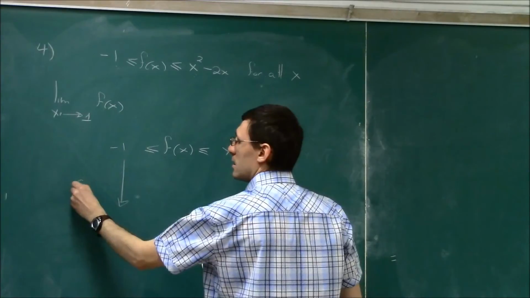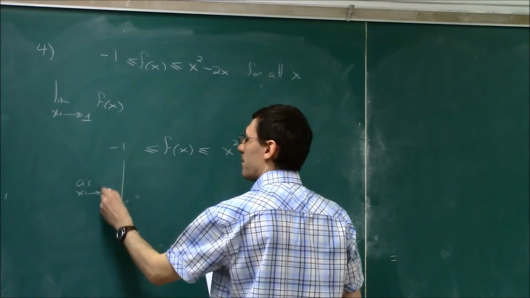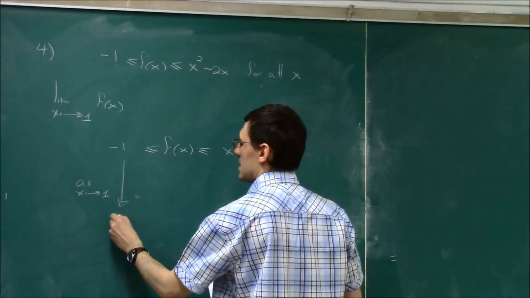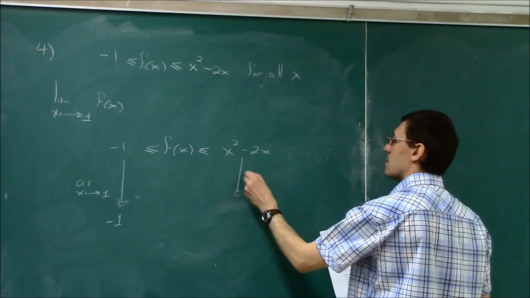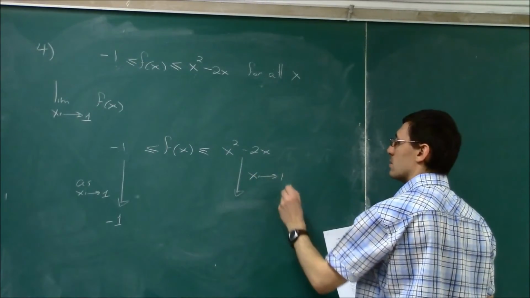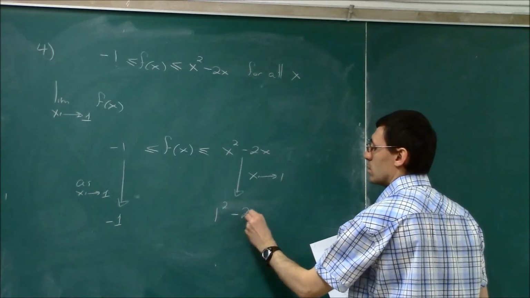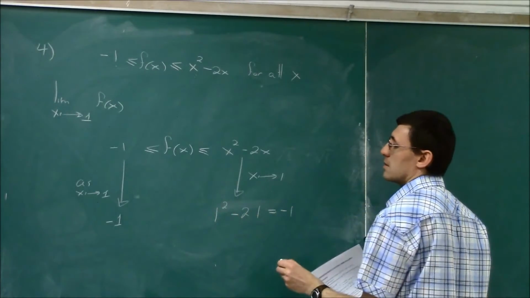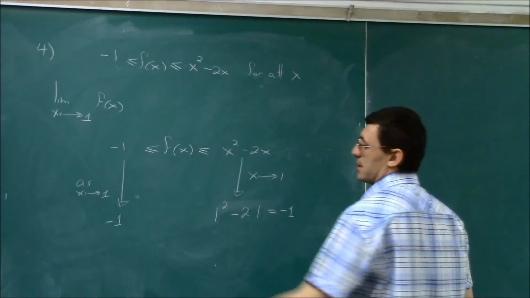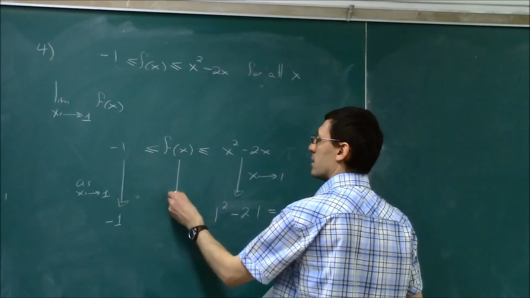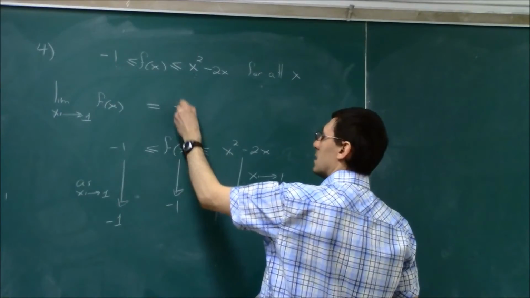As x goes to 1, -1 stays -1. Now as x goes to 1, what we get here is 1 squared minus 2 times 1, which is also -1. So f of x is squeezed between -1 and -1, therefore the middle guy has to go to -1. That means that this limit is -1.